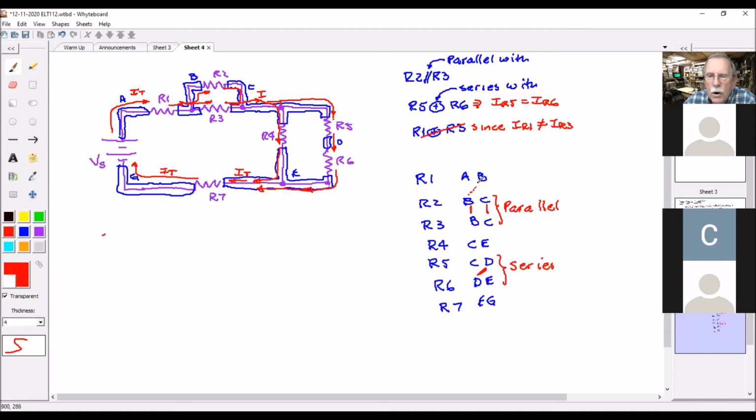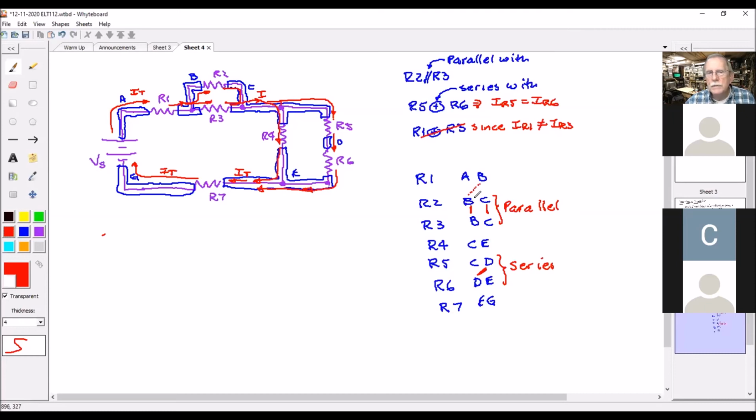If I look over here, we can see that this resistor R1 shares a node with this common term here. So R1 is in series with the parallel combination of 2 and 3. But it's not in series with R2, and it's not in series with R3. It's in series with the parallel combination.